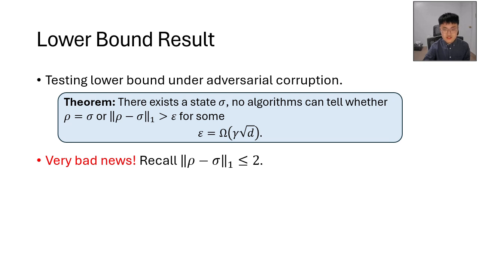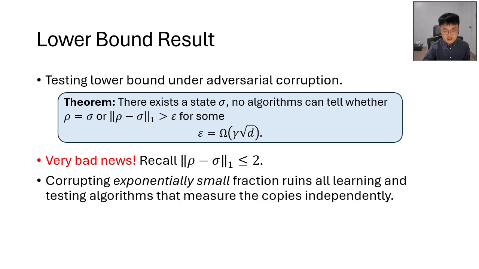So this is a very bad news because recall that the trace distance between quantum states is at most a constant. And also, the dimension d is exponential in the number of qubits. This means that corrupting an exponentially small fraction of the outcomes would ruin all algorithms using non-adaptive single copy measurements.